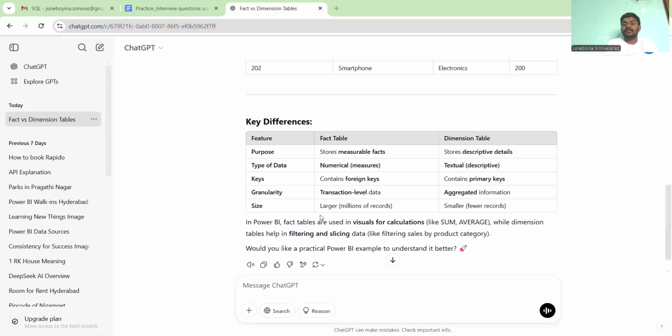Fact table and dimension table should be linked to create a data model. Without thinking of fact and dimension tables, we can't create a data model in Power BI. So the foreign key is presented in the fact table and the primary keys presented in the dimension tables are used to create data models.